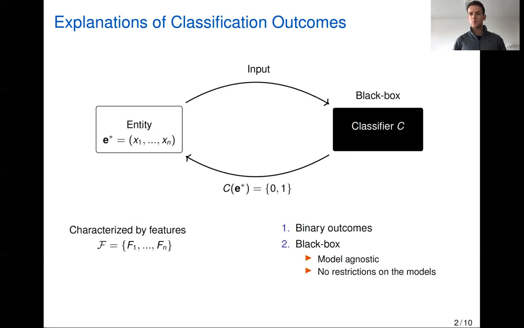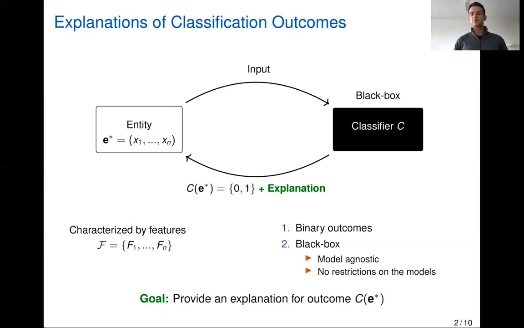So we don't really know what the classifier looks like. And in return, our technique is model agnostic, and we don't need to make any restrictions on the model that we are given. The goal is, of course, to provide an explanation for the outcome of the classifier.